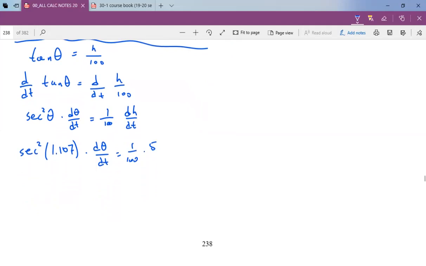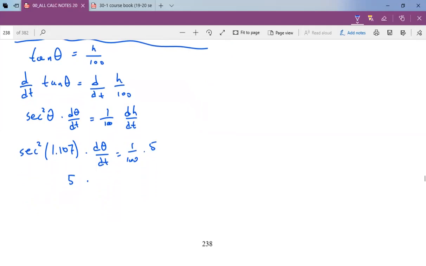When we simplify secant squared of 1.107, that actually ends up being equal to exactly 5. So if you do tan inverse of 2 and then cosine of that, and then square that, and then take the reciprocal of that, that should give you exactly 5.